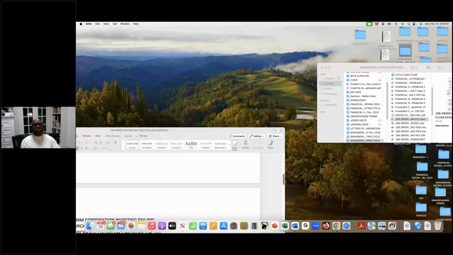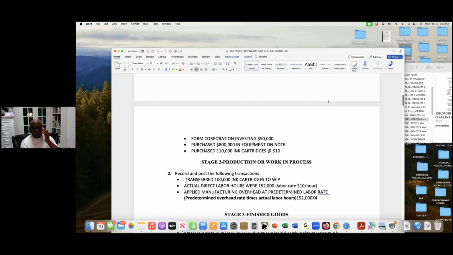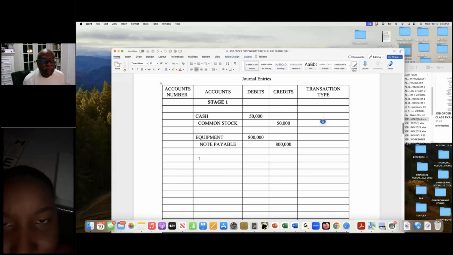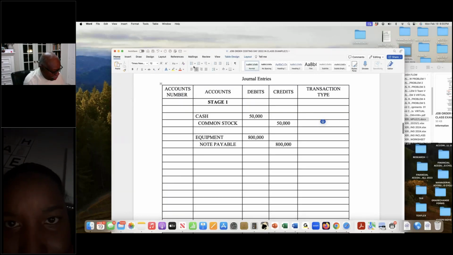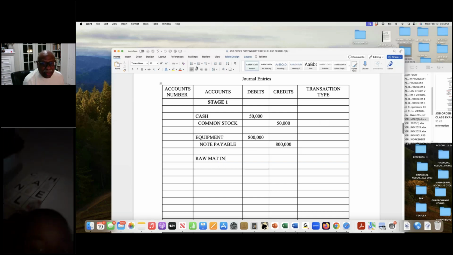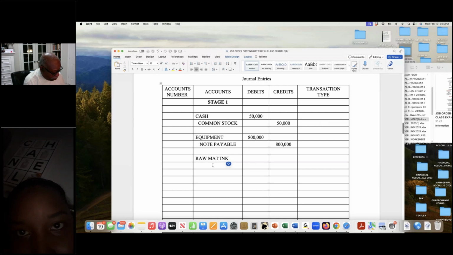Do we have this journal entry made? So we should have debited what? Raw Materials Inventory and credited accounts payable.